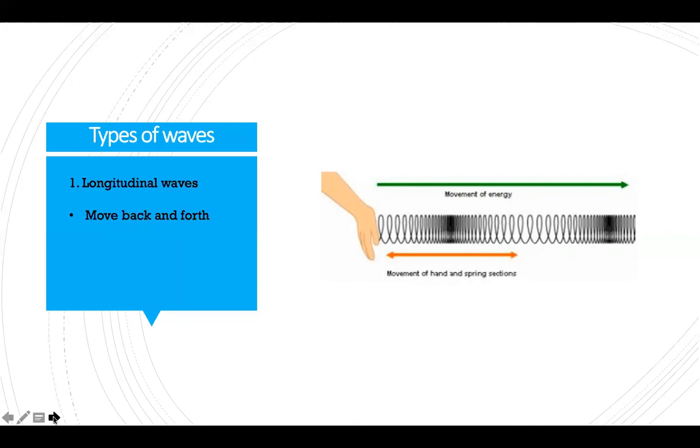When you speak, your vocal cords vibrate quickly to make sound waves. As it suggests, longitudinal waves move back and forth. Some waves, like sound waves, also move back and forth.